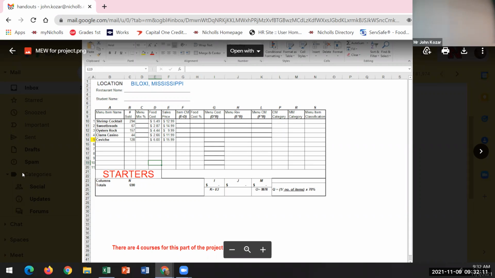Yeah, I'm going to send you the first page. Yes. Right, and there might be a time when I send two things out, because the really important thing is the menu engineering worksheet. That you get that back to be your income statement.